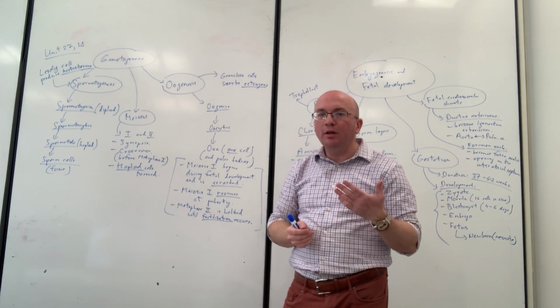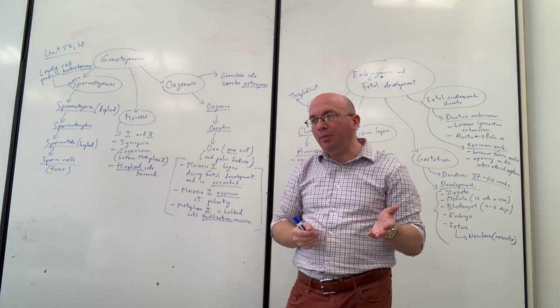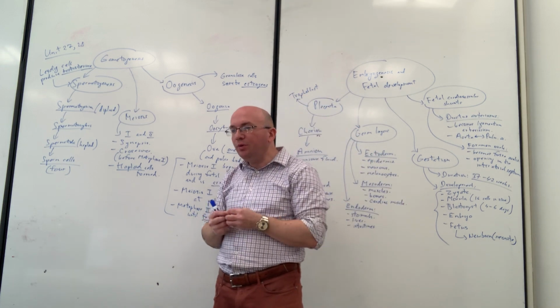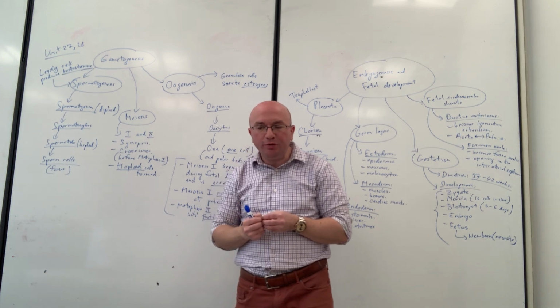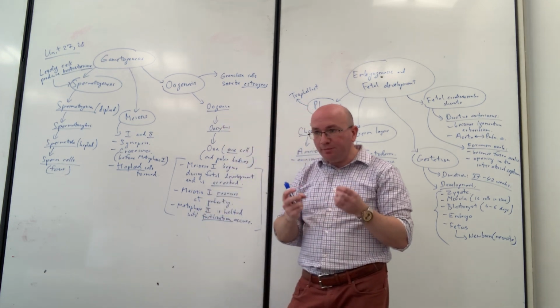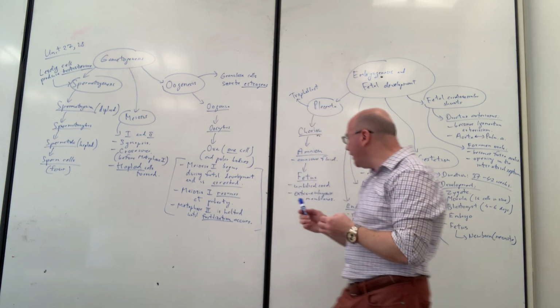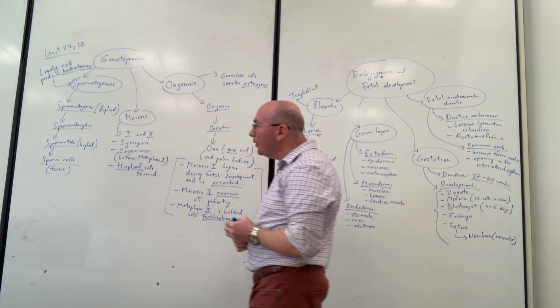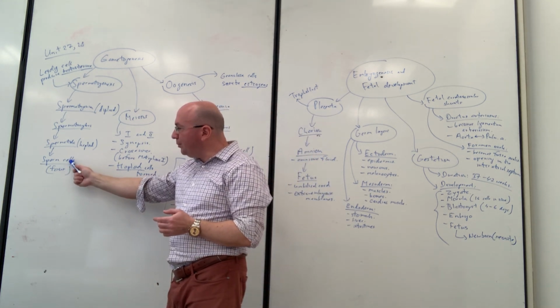They will be coming out from the body during sexual reproduction to meet the egg in the female reproductive tract, and to join with the female egg to produce a zygote, which we're going to talk about soon. So 4 cells are produced, very important to keep this in mind.